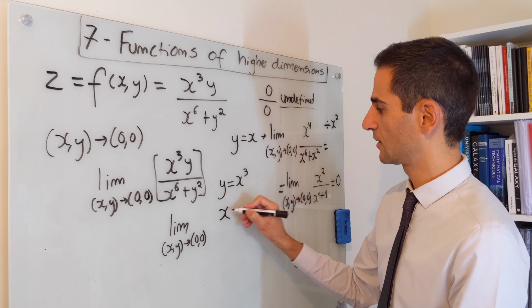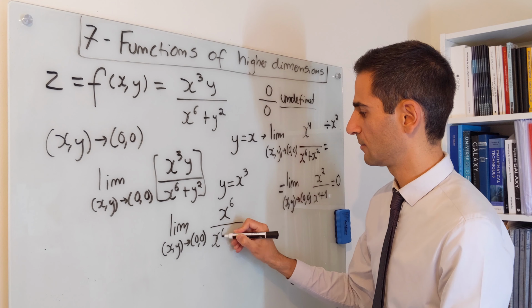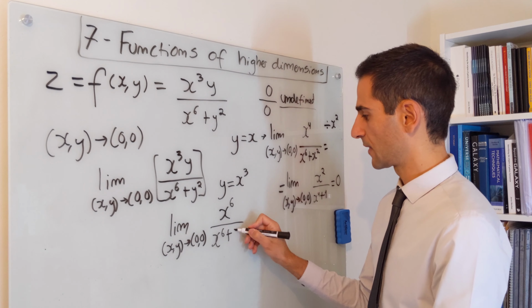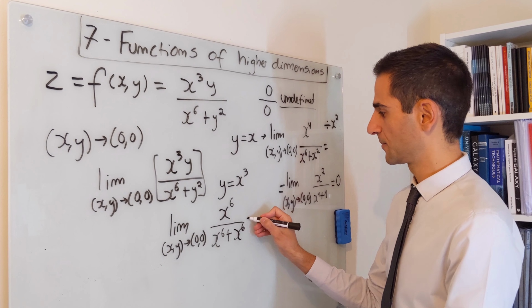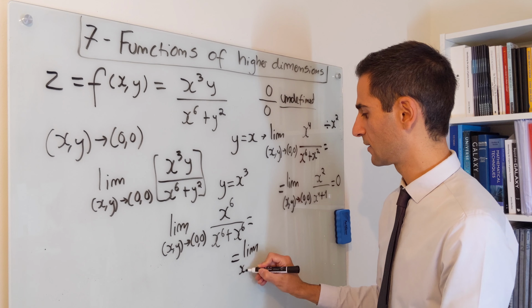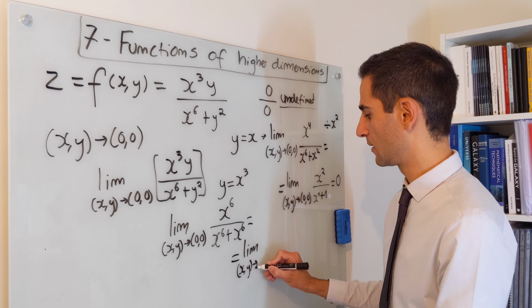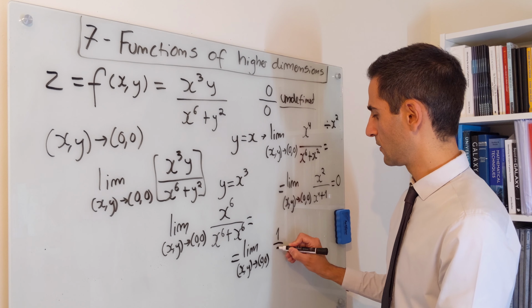You end up with x to the power of 6 over x to the power of 6 plus x to the power of 6. You divide by x to the power of 6, and this means the limit when (x, y) goes to (0, 0) of 1 over 2.